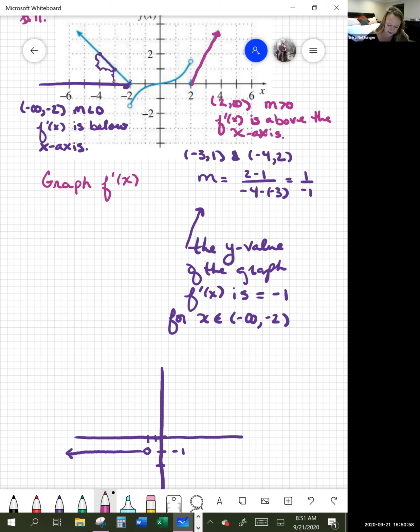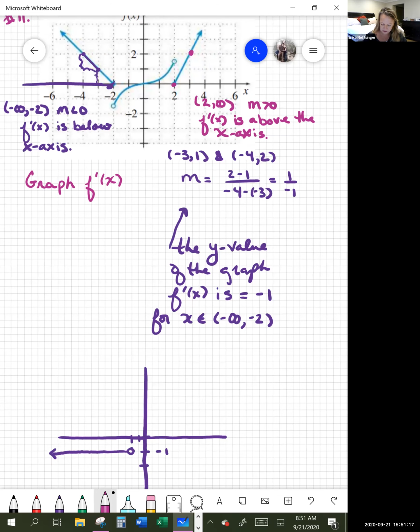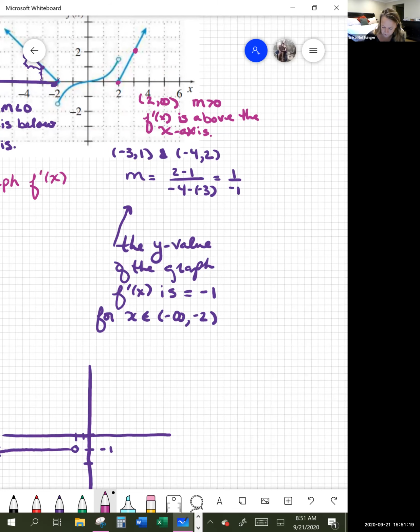We're also given that this is a straight line, and so we can find the slope. So choose 2 points on this line. How about x equals 2 and x equals 3? So we have one at (2, 0) and one at (3, 2).